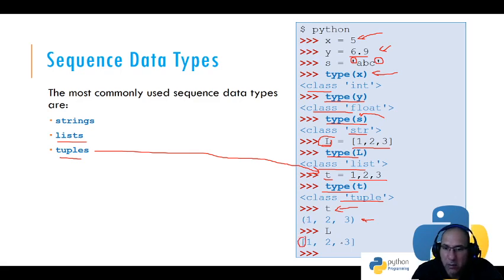Lists are surrounded by square brackets. Tuples are surrounded by round brackets. This is how we can distinguish between lists and tuples when we print their values.